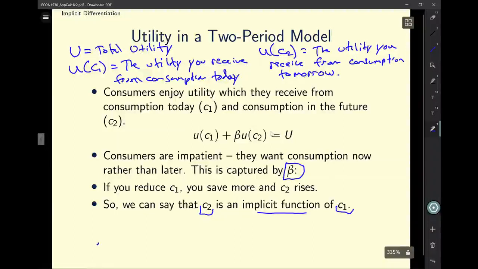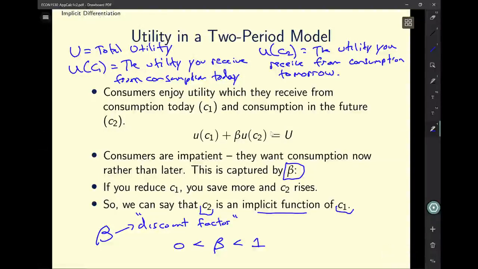And that beta, that impatience, is most commonly known as a discount factor. But you can think of it as impatience. It is greater than 0, but less than 1.